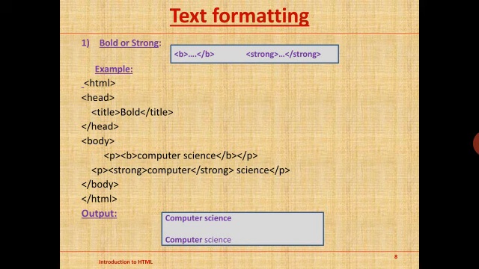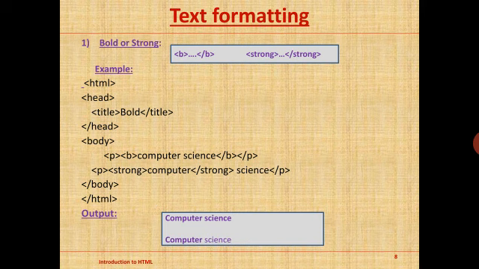Let us consider one example. Here, paragraph contains a sentence, computer science. This computer science sentence has a tag B, which indicates the text computer science appears visually bold.